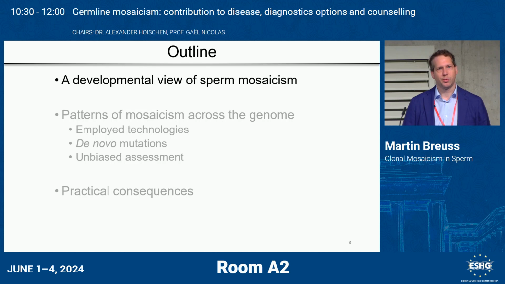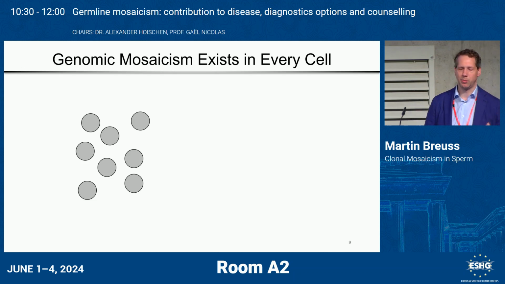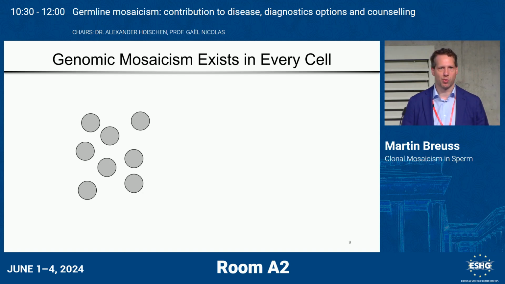But really to think about this in more detail, we have to take a developmental view of sperm mosaicism and the sperm lineage. And so just to recap, genomic mosaicism, this phenomenon where some but not all cells within a tissue carry a unique mutation, is something that has really emerged throughout the last decades as an important process. So a fascinating insight from the 20th century was that actually every cell in our body has the same genomic complement.